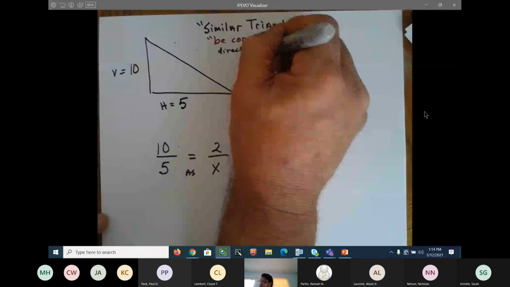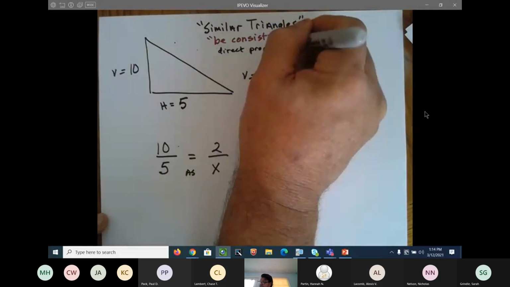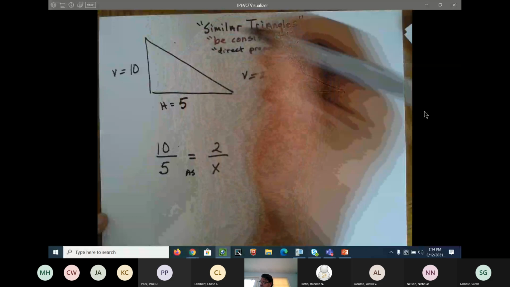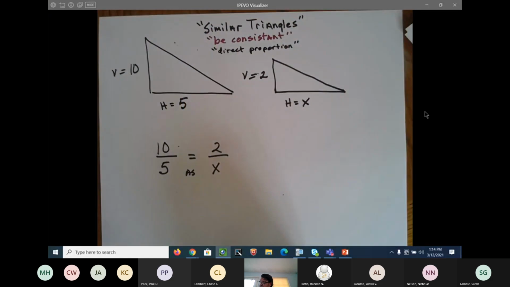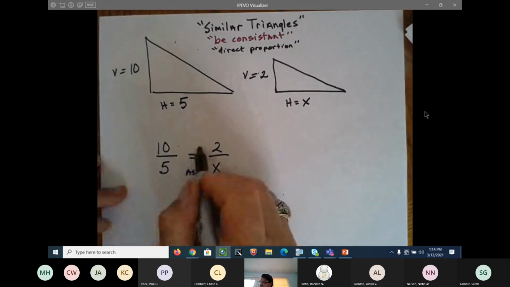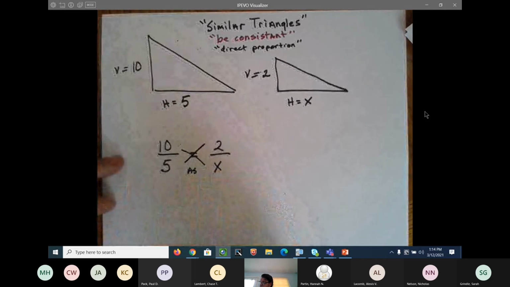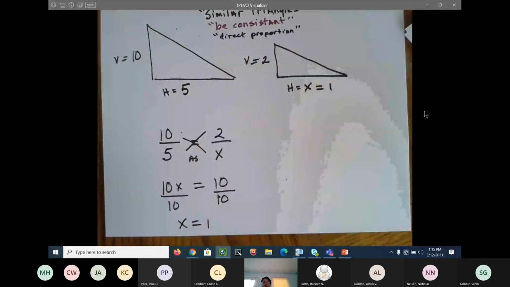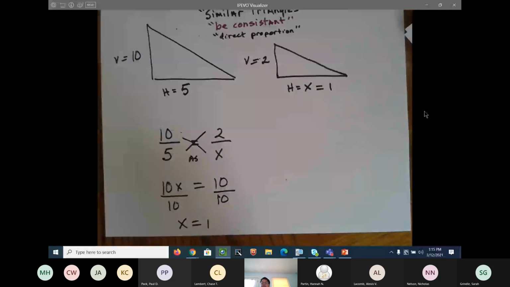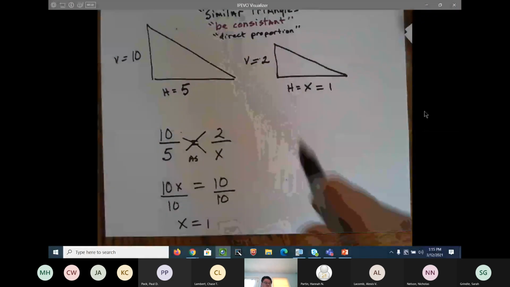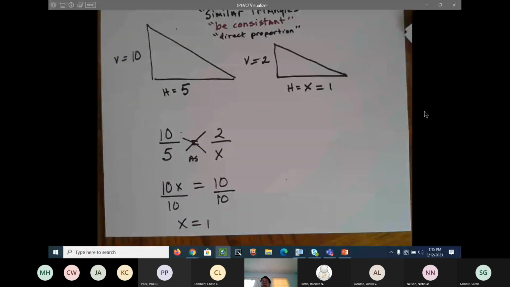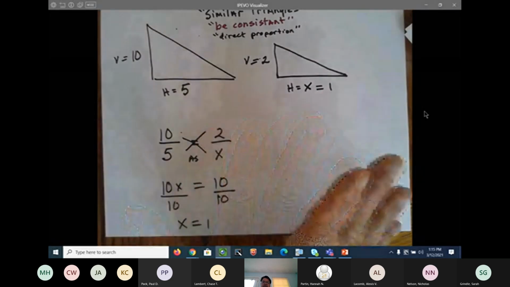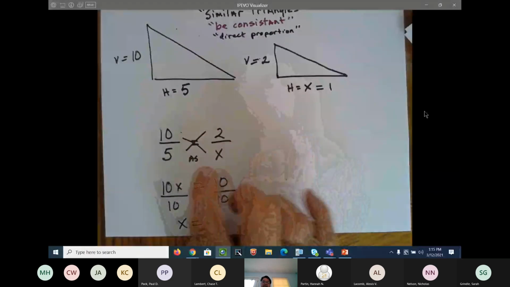So cross multiply. 10x is equal to 10. Divide by 10. X is equal to 1. That is the type of question I would put on a test. Everybody that did it correctly got 1. You could set this 5 is to 10 as x is to 2.